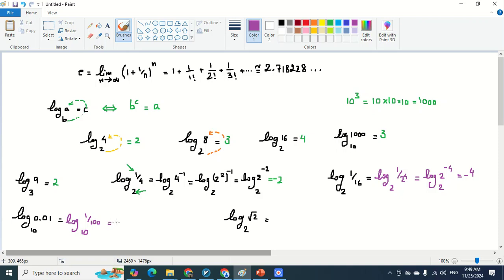So you can rewrite that one as log of 1/10 square, 1/10 square in a base of 10, and it results in 10 to the power of minus 2. So the answer of that one is minus 2, because 10 to the power of minus 2 can be written as 1/10 square.